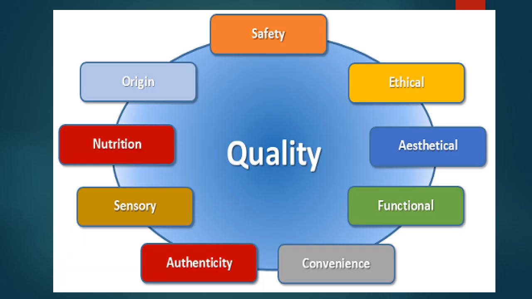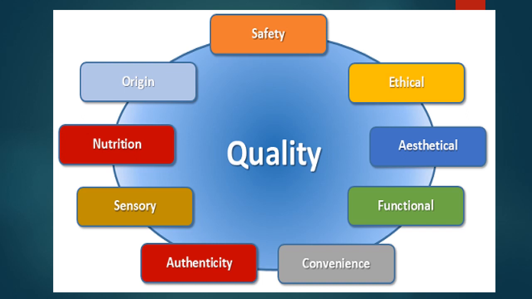Here, once again let me revise the 4 different aspects I mentioned earlier about the quality of meat, or even of food. The most important are the nutritional aspect, safety or microbial quality, the sensory quality, and the functional quality or physico-chemical qualities. In addition, there are the ethical aspect, aesthetical aspect, convenience, authenticity, and origin.